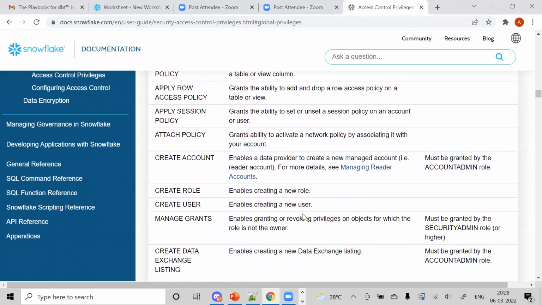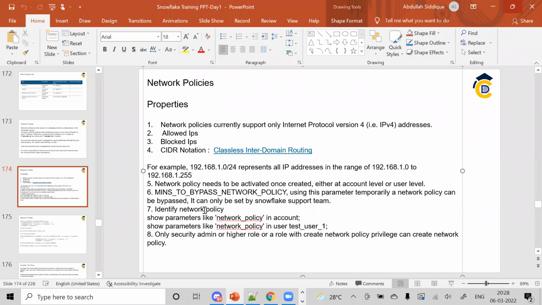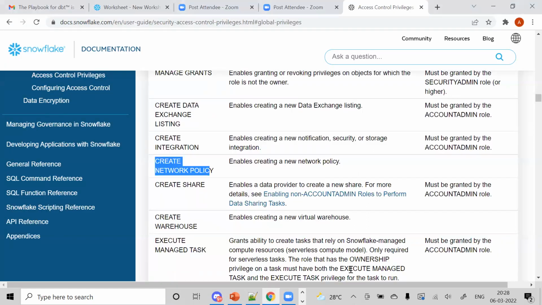For account, it is always the global privileges. Since a network policy will be created at the account level, whichever role is going to create it needs to have the create network policy privilege. And by default, the security admin or the higher role, which is account admin, has it, and they will be able to create those network policies.